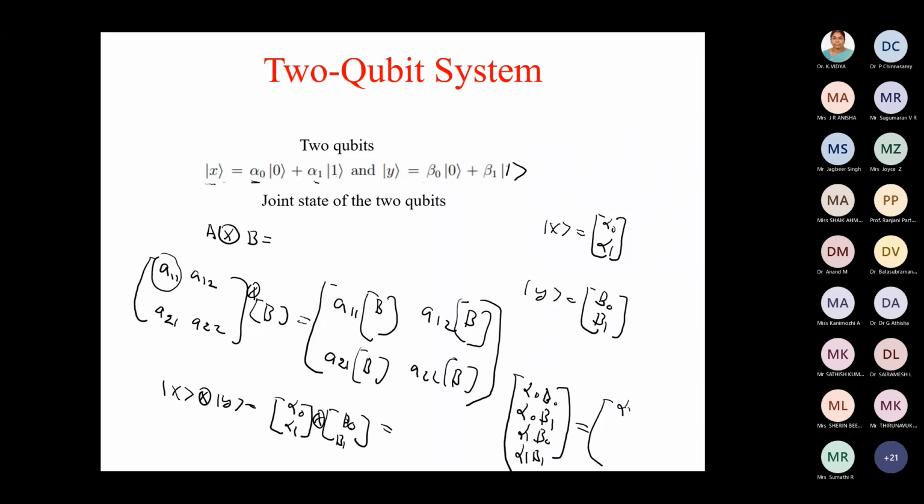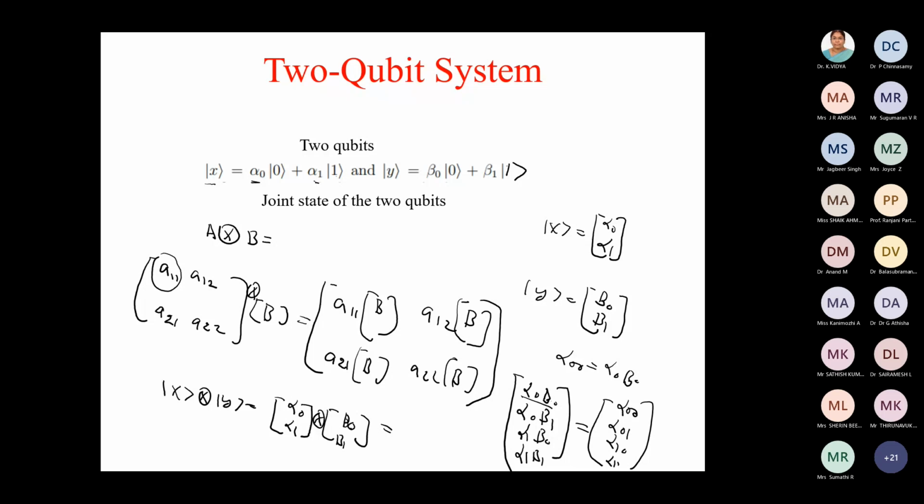And we can write it like this also. Maybe alpha 00, I am just renaming them: alpha 00, alpha 01, alpha 10, and alpha 11, just the results of these multiplications. So alpha 00 is nothing but alpha 0 times beta 0. I can write like this, just renaming. So if you have two qubits, you can combine them using this phenomenon, just the tensor product of those two column matrices.